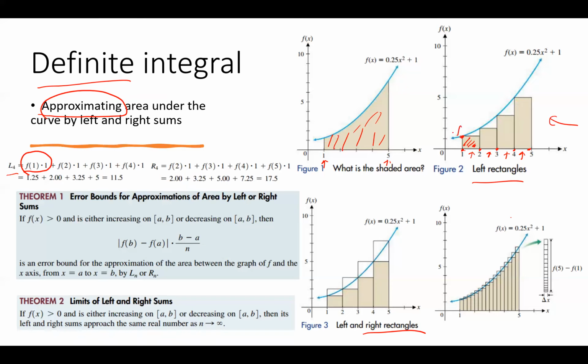So this is f of 1; if you plug in x equal to 1, we get the value. Then x equal to 2, f of 3, f of 4. These are the heights of the rectangles, and we multiply by the width to get the area.